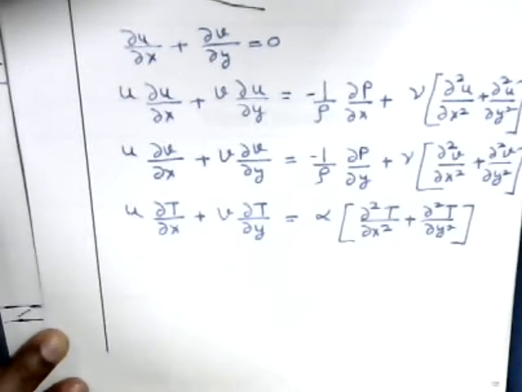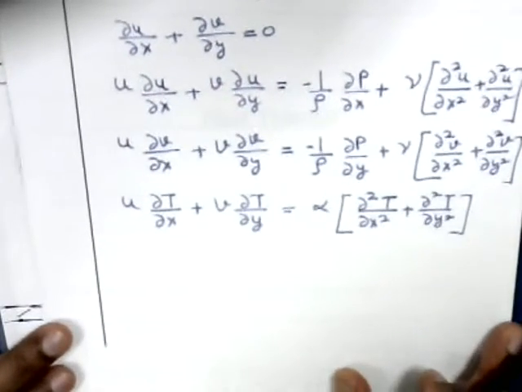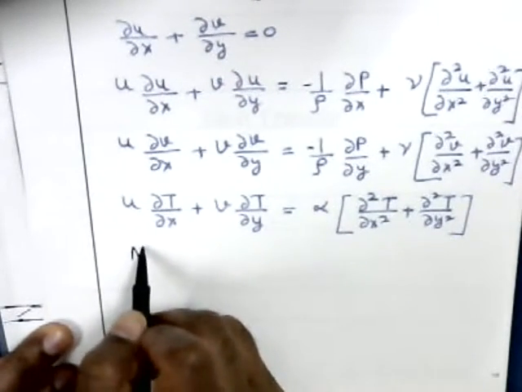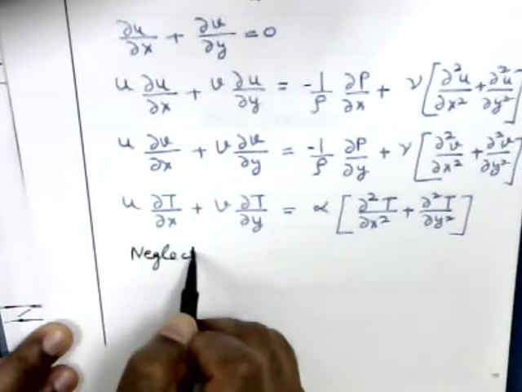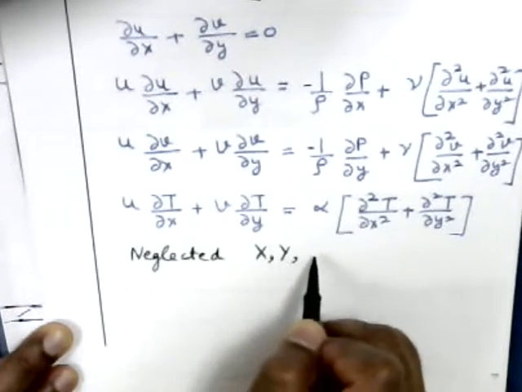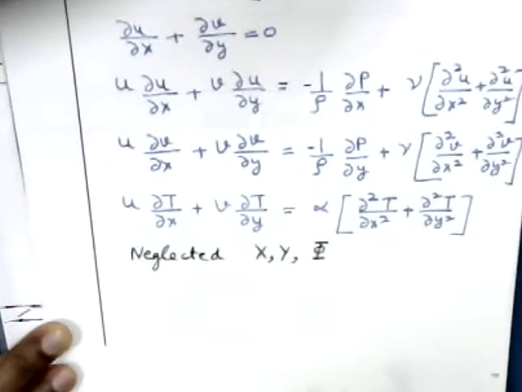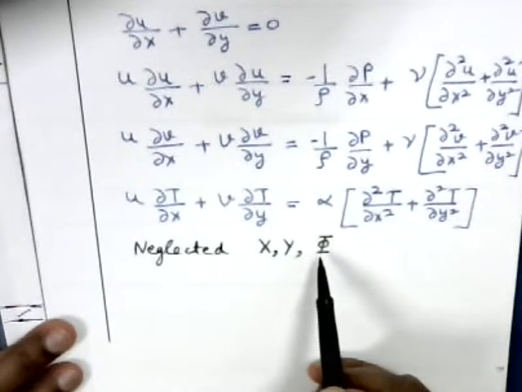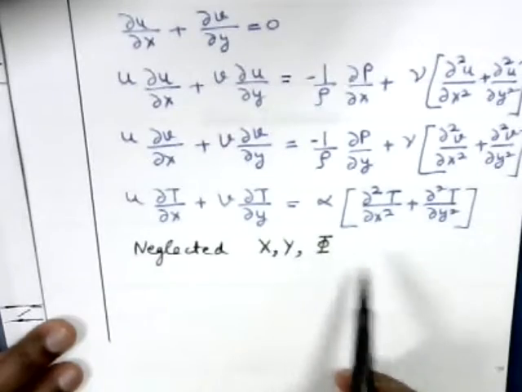So those are the equations, and I have neglected the body forces in x and y, and also viscous dissipation phi, because for low speed flow viscous dissipation effect is negligible.